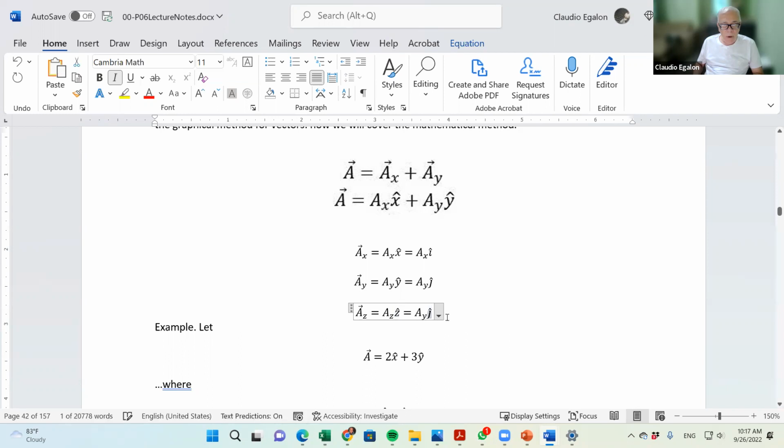Instead of j or I, we put a k here. I prefer this notation for x, y, and z: X hat, y hat, z hat. For some reason, people introduce this notation, I, j, k, in undergraduate work. I do not know why they do that. Then later on, when you go to graduate school, they switch from I, j, k to x, y, z. I don't have a clue why they do that. I prefer to introduce my students to the x, y, z notation right from the beginning.